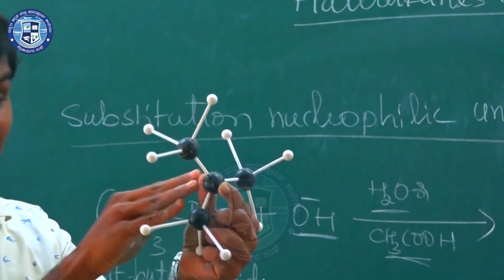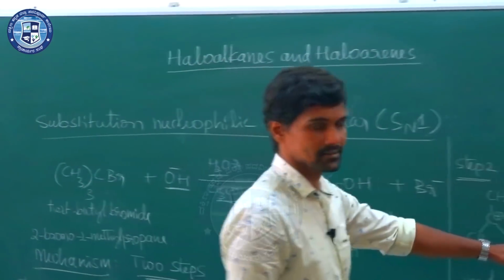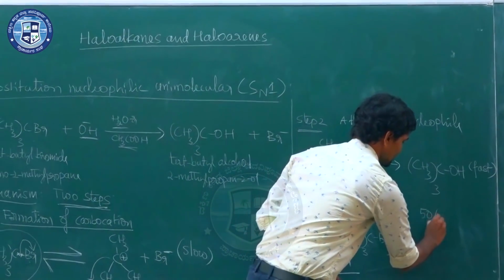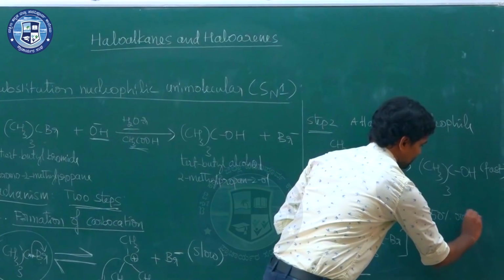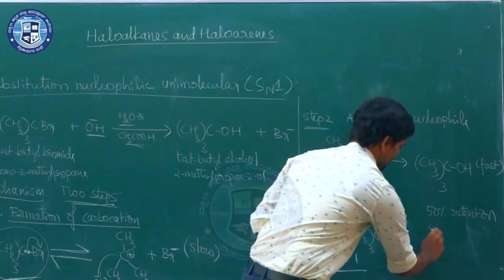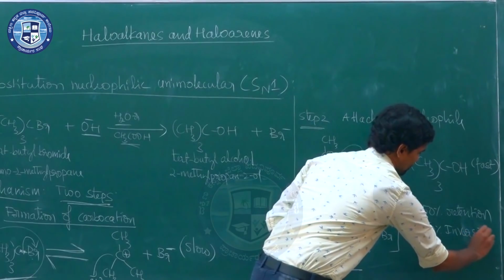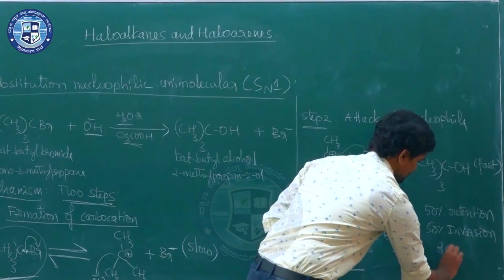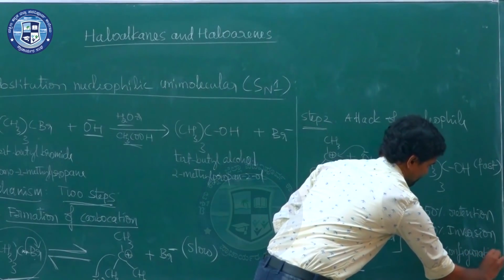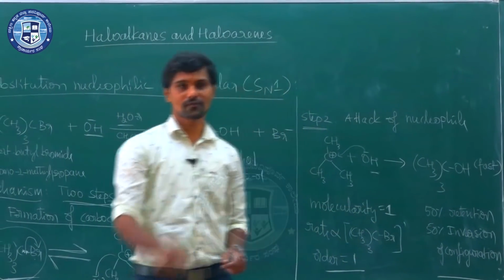Because of that, you get the product here, tertiary butyl alcohol, where 50% retention of configuration and 50% inversion of configuration takes place.